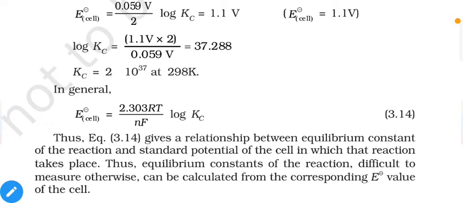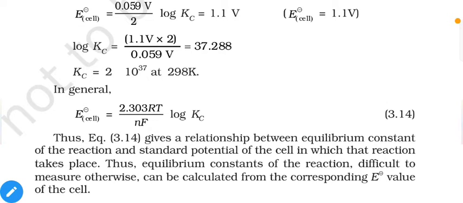If a question is asked about this type of calculation, that means either you want to find the equilibrium constant from the given value of standard cell potential, or you need to find the standard cell potential from the given value of equilibrium constant, then you can use this equation and calculate it.